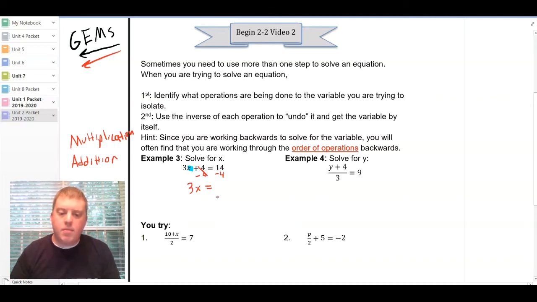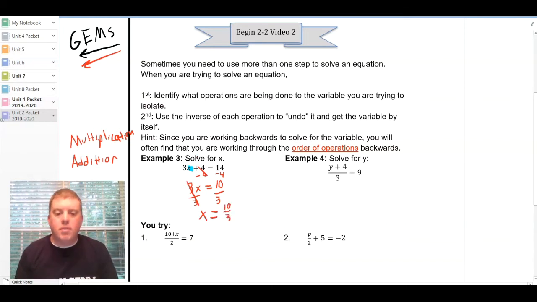And on the right, I'm going to have 14 minus 4, which gives me 10. The next thing I need to do is divide both sides by 3. The 3's cancel out here, and I'll get x equals 10 thirds.